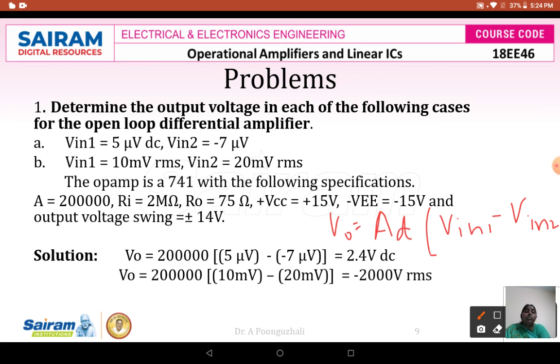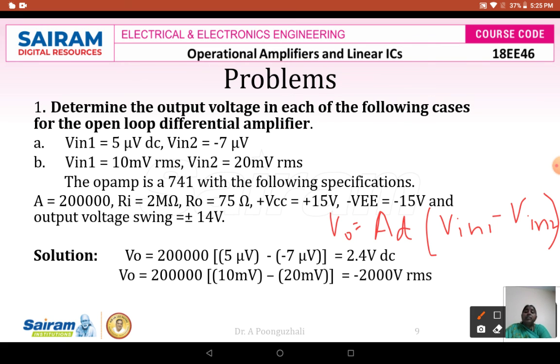So V in 1 minus V in 2. What is the AD value? It is 2 lakhs there. V in 1 is 5 microvolts. V in 2 is going to be minus 7 microvolts. So minus of minus is going to be plus 7 microvolts. So totally 12 microvolts into 2 lakh is going to be approximately 2.4 volts DC. So we can see that the output voltage is within the saturation level, and I will be getting the output to be 2.4 volts DC there.